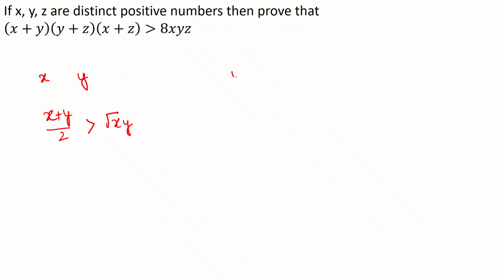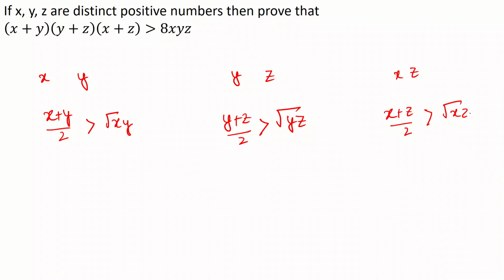For y and z, the arithmetic mean y plus z by 2 is greater than root over yz. And for x and z, the arithmetic mean x plus z by 2 is greater than root over xz.